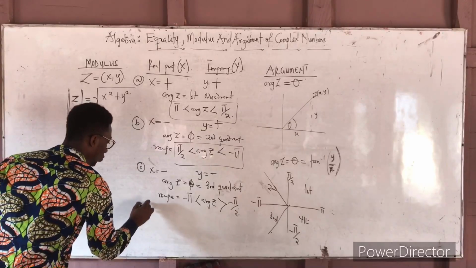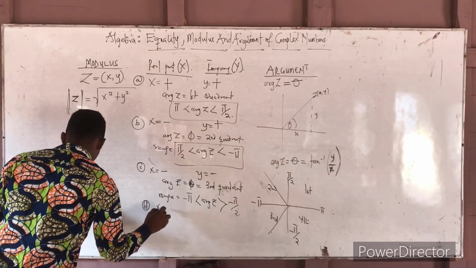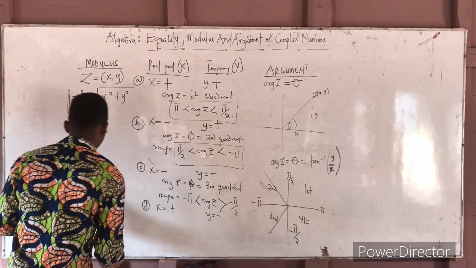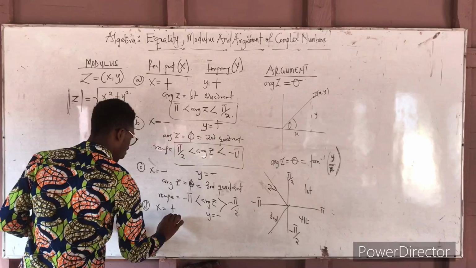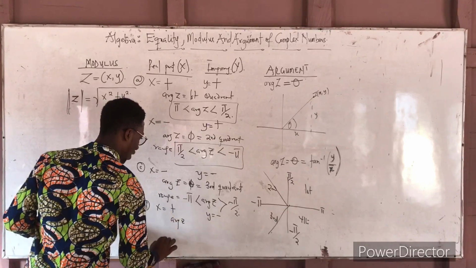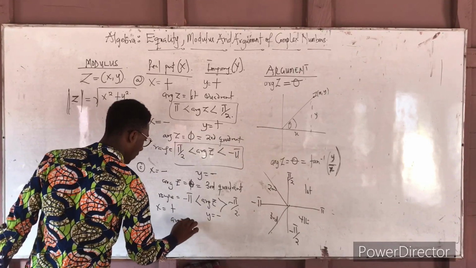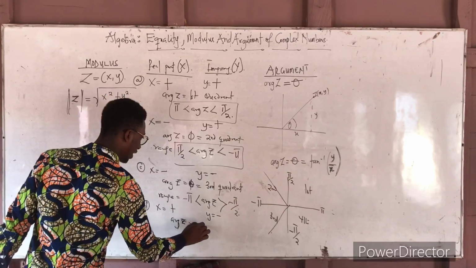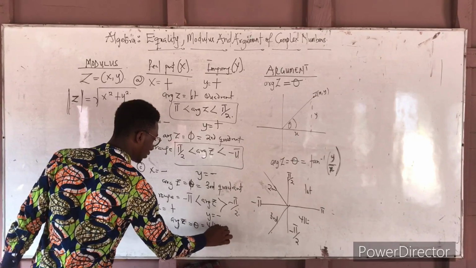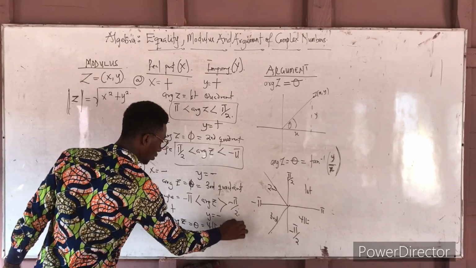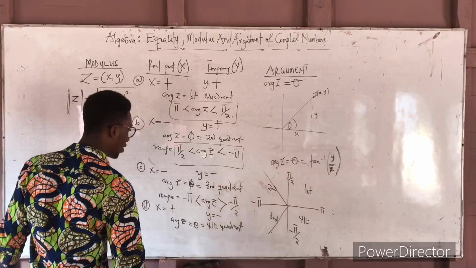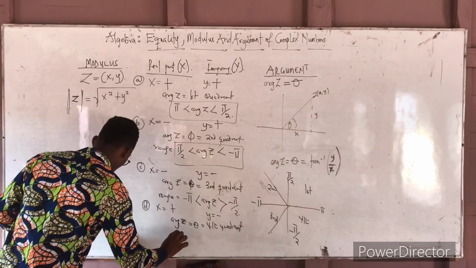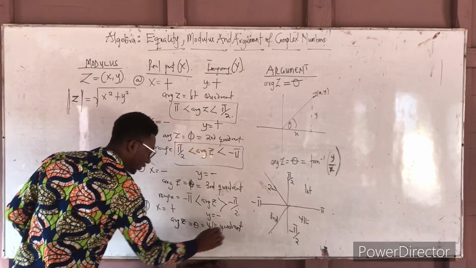Okay, and the last one is when you have the x to be positive and the y value to be negative. Then your argument theta should lie within the fourth quadrant. And if it is within the fourth quadrant, then our range should range from what?